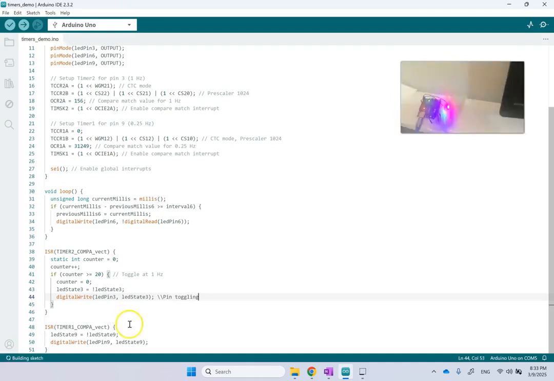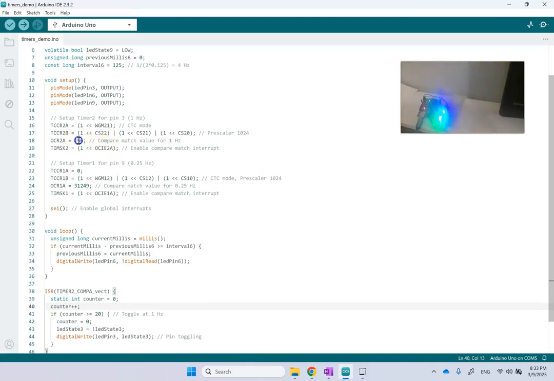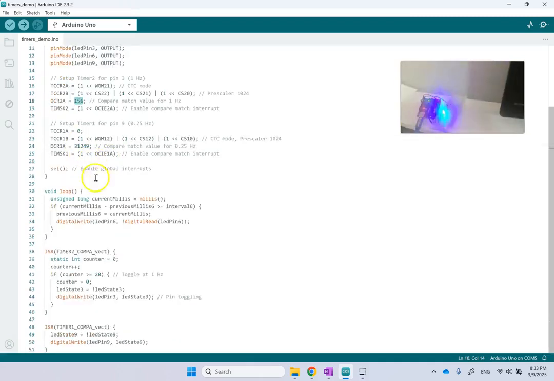Now, why didn't I use another number here instead of this 156, so I don't have to do this portion? Why should I keep counting this counter until it reaches 20 before I toggle? The reason is I want this to happen at 1 hertz.